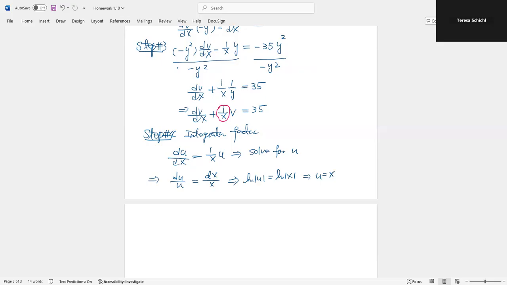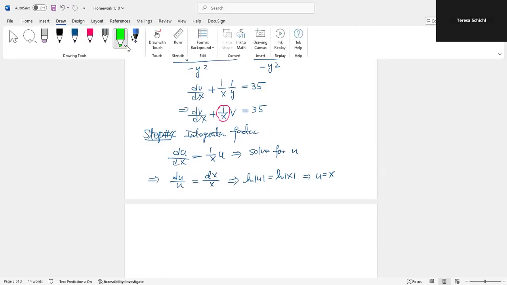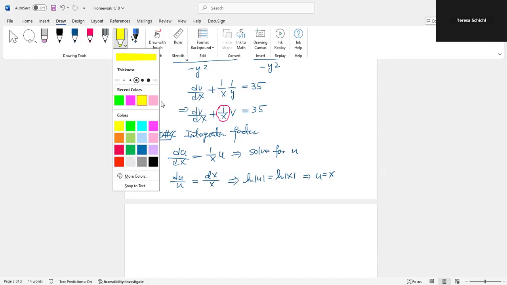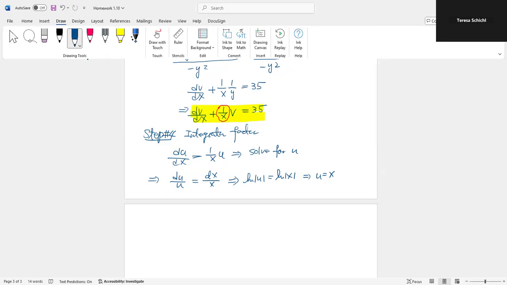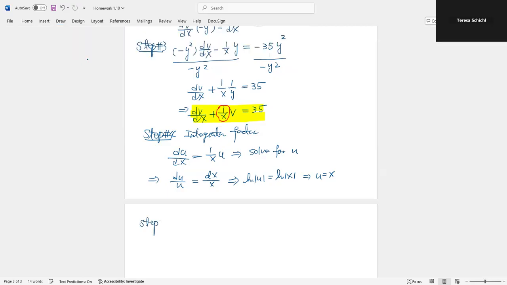Okay, very good. After I do that, let me highlight, this is my second important equation. So this is the one. Now after I find my integrating factor, the next step is to multiply the integrating factor to this equation.